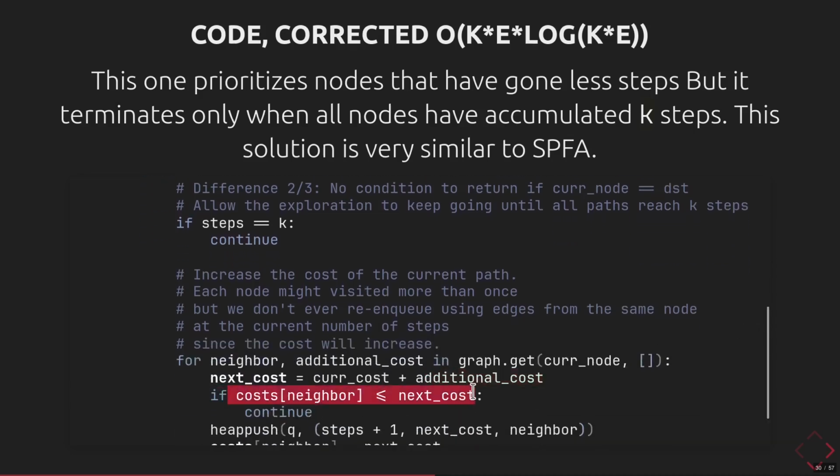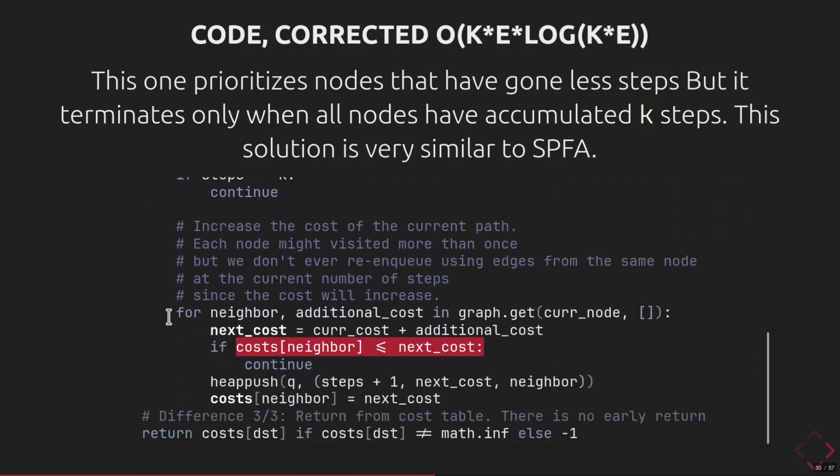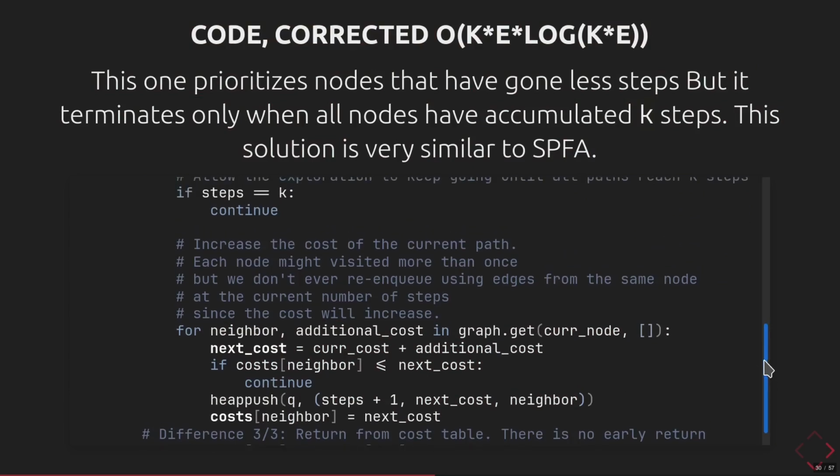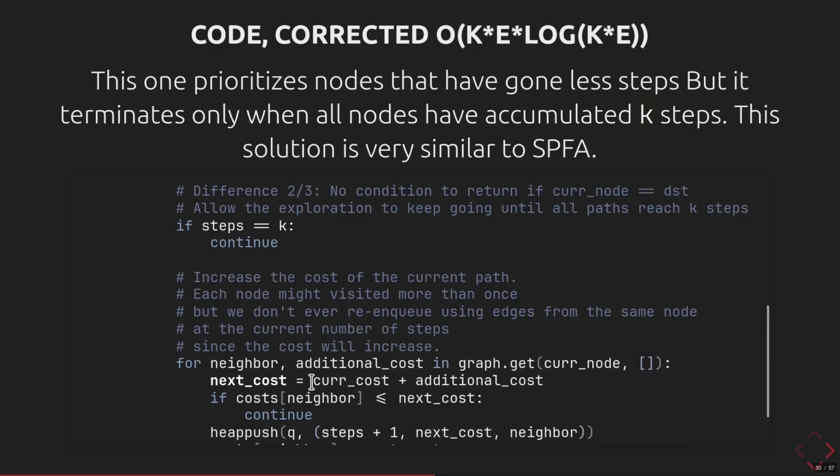So if we get down to this statement here where we prune, this means actually a little bit something different, even though this piece of the code is exactly the same. Because our priority queue shows us the least cost way, in terms of steps, it costs the least amount of steps to arrive at a node.